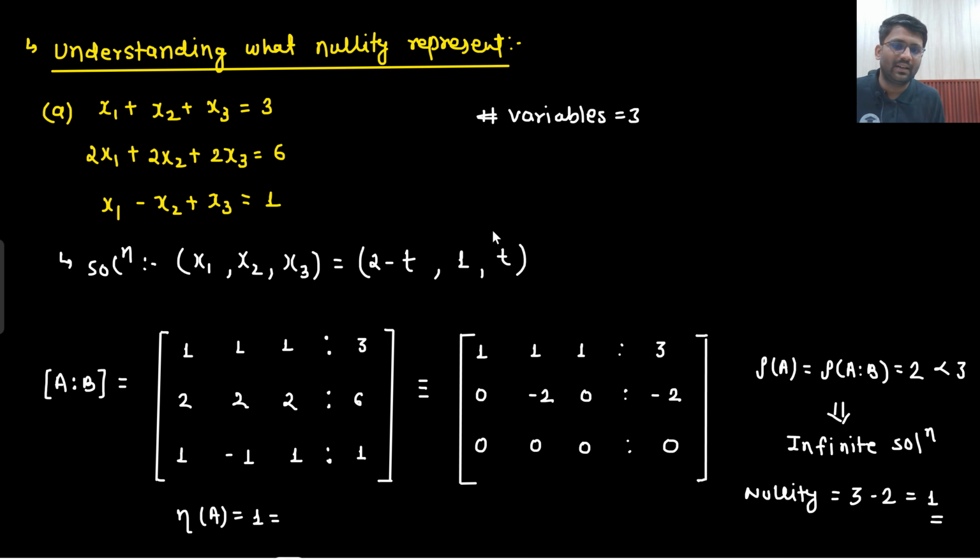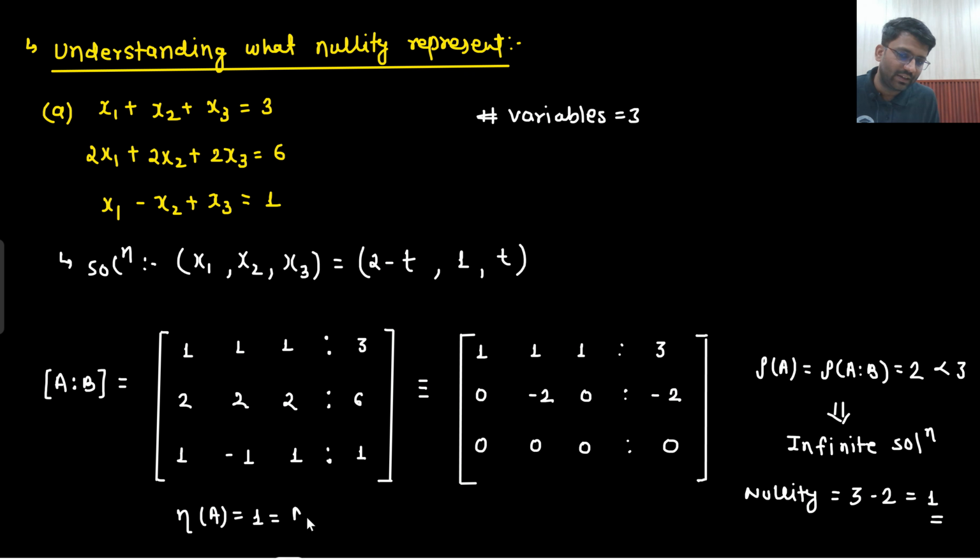How many free variables are there? This is fixed. If I say t is free, t can take any value, then 2 minus t will take a value depending on t. If t takes value 1, then 2 minus t will take value 1. If t takes value 2, then 2 minus t will take value 0. If t takes value 3, then 2 minus t will take value minus 1. So how many free variables are there?